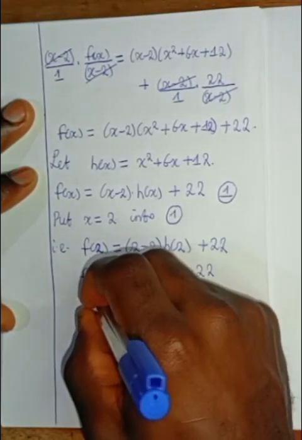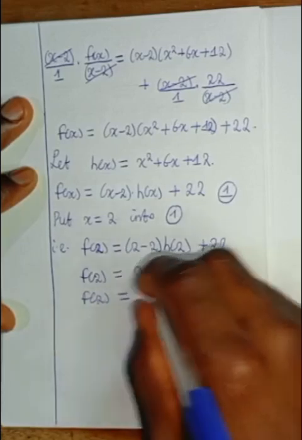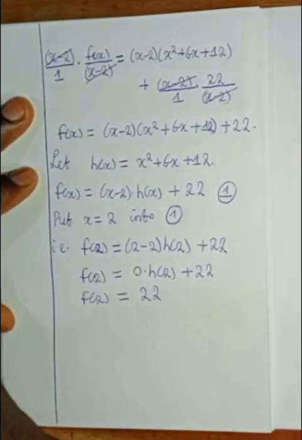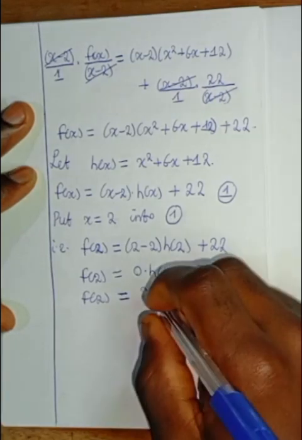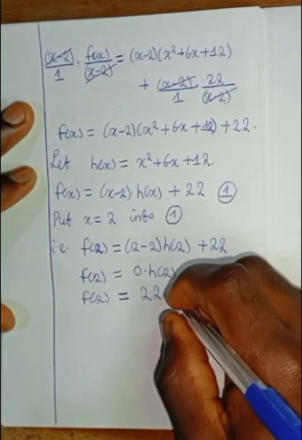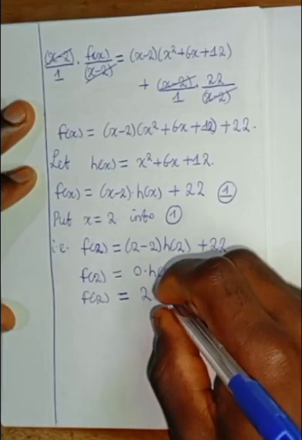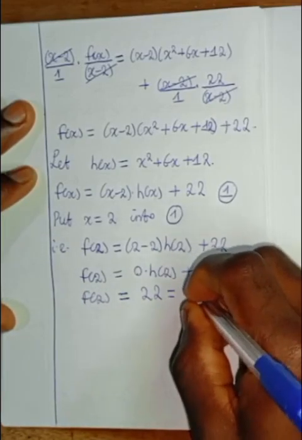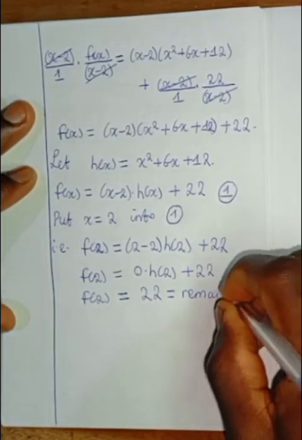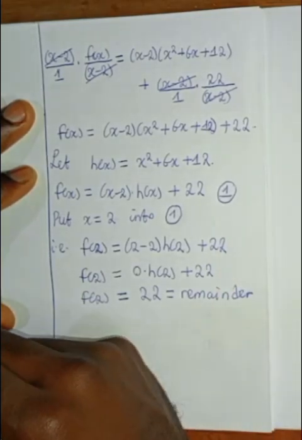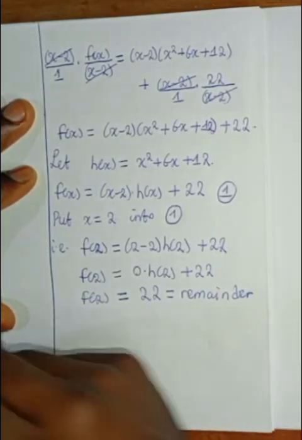This will give us f of 2 equal to 22. Since 0 times h of 2 disappears, 22 is the same as the remainder. So we know f of 2 is equal to 22, which is equal to the remainder when we divide the polynomial f of x by g of x.